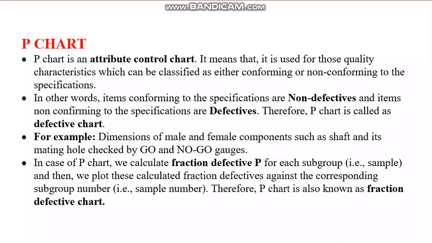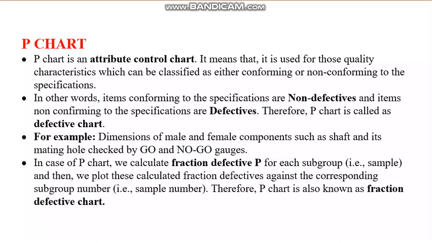For example, dimensions of male and female components such as a shaft and its mating hole are checked by go and no go gauges. When you are checking with go and no go gauges, either it is accepted or it is rejected. It is simple like that. For such kinds of attributes we draw the P chart.